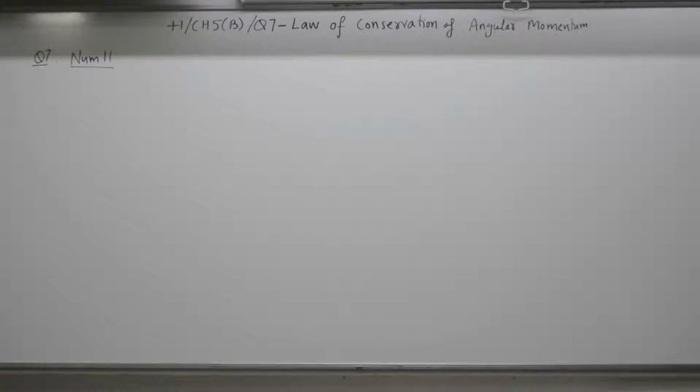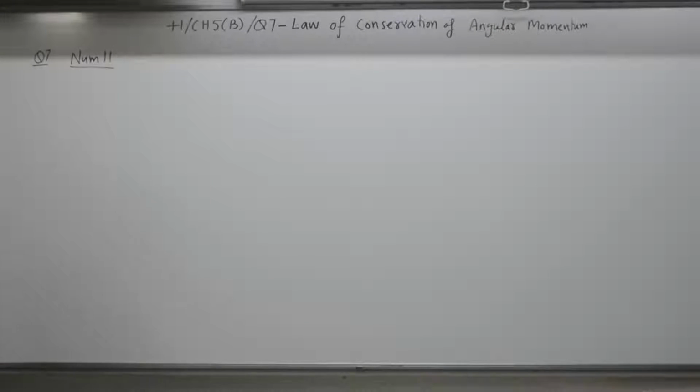Page number 5 by 84. By some arrangement, the boy decreases the moment of inertia of the system from 6 kg meter square to 2 kg meter square. What will be the new angular speed? You have to find out the new angular speed.